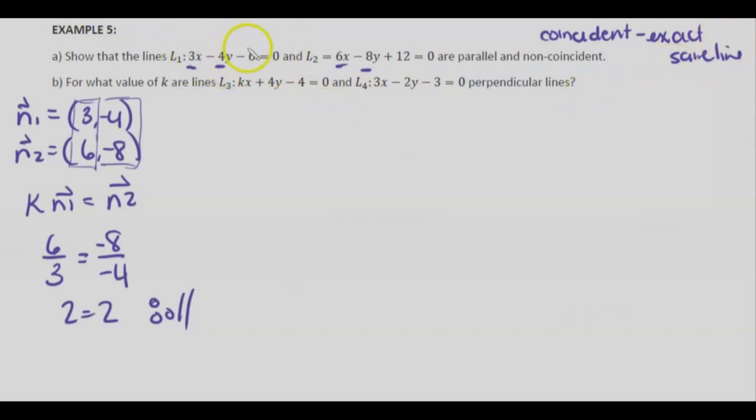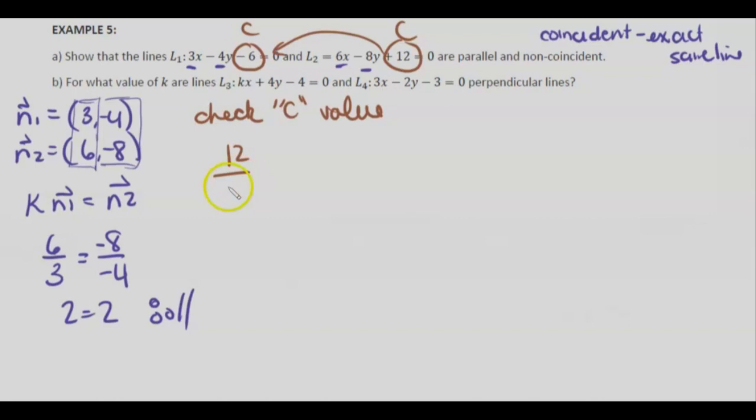Now we're going to venture out to the C. For the normals, we divided the second one by the first one. Now we're going to check the C value the same way. We have to keep it consistent. If we're always dividing L2 by L1, we have to do the same for the C's. So we go 12 divided by -6, and this is -2.